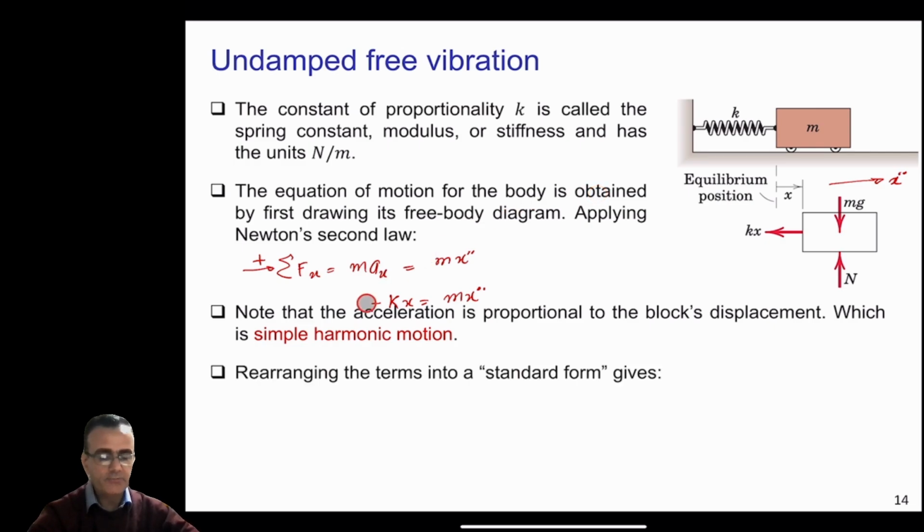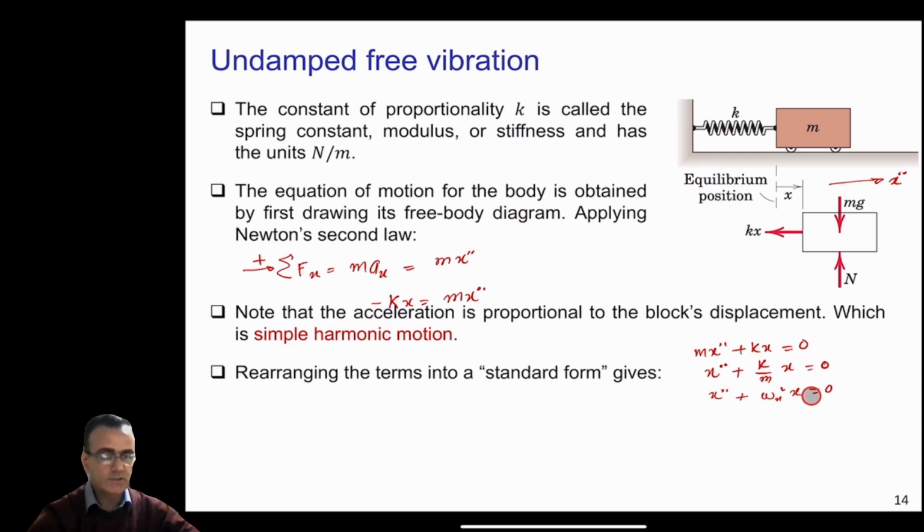And now if we rearrange these terms, if you just try to simplify this equation, mx double dot plus kx equals 0, so if you just move this kx to this side, you can say that x double dot plus k divided by m x equals 0, or this will become x double dot plus omega n square x equals 0.